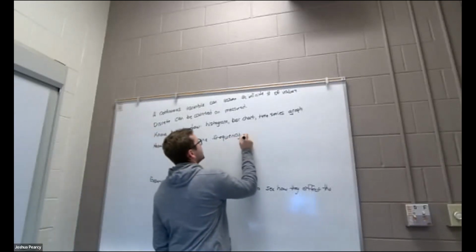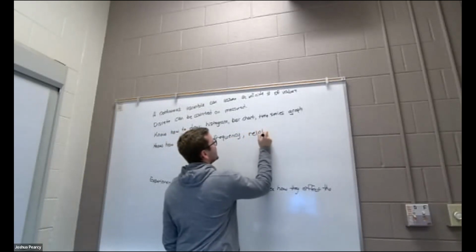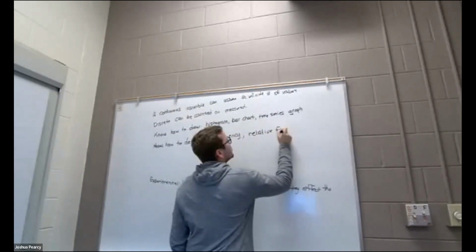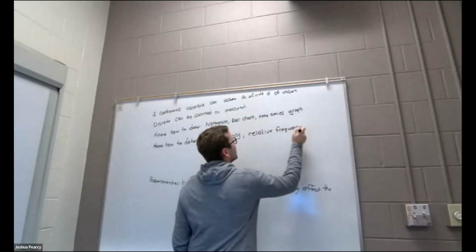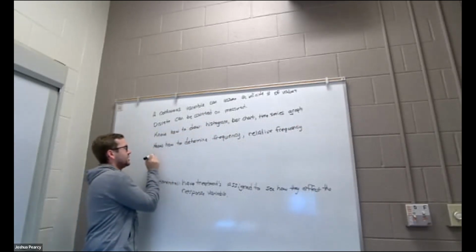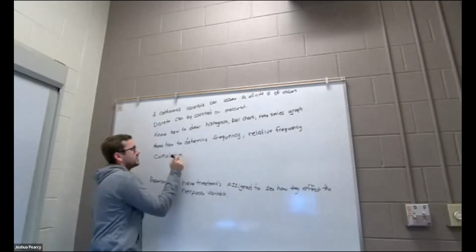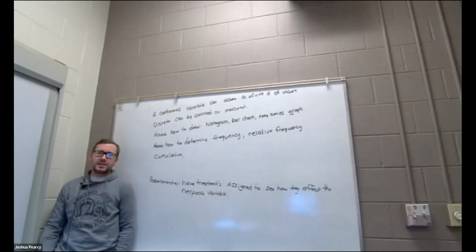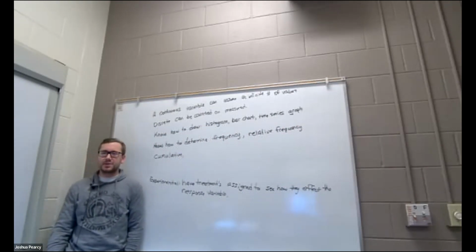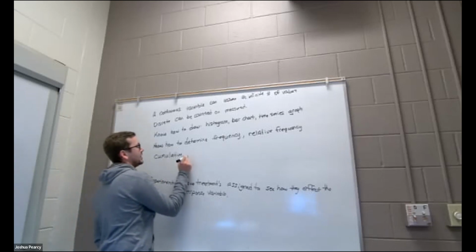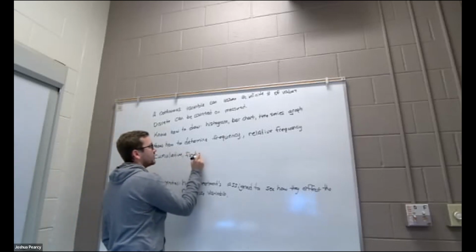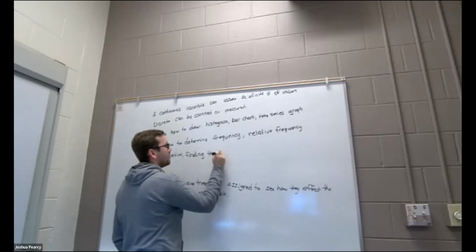So now to determine the frequency, the relative frequency, so cumulative, so whenever we talked about something in chapter 4, how could the relative frequency be interpreted? Finding the probability.